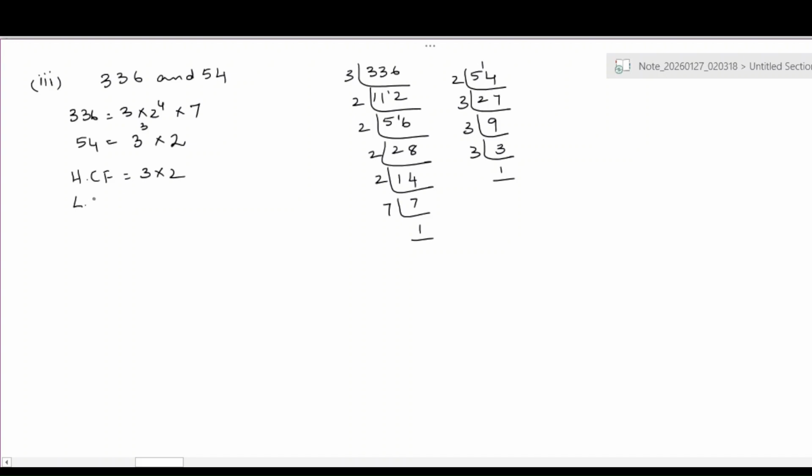So LCM will be, the repeating numbers, we'll write as what is repeated. So we have written 3 once already, we'll write 3 squared. Again here 2 is repeating, so we'll write 2 to the power of 4. We will not write the repeating thing again, into 7.